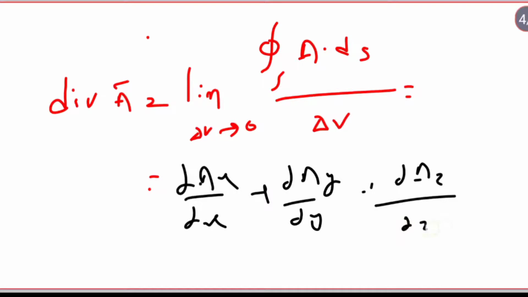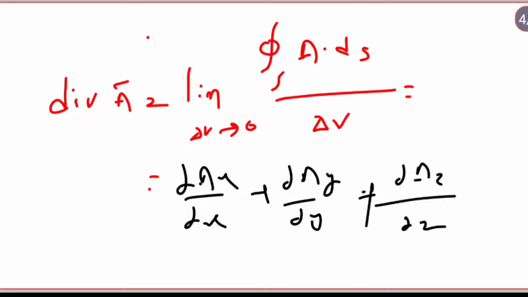This is called divergence. Mathematically divergence is given by divergence of a. In place of a we have to substitute d bar. That is the divergence theorem.